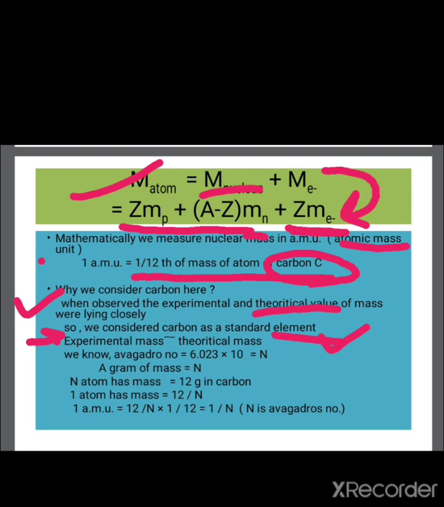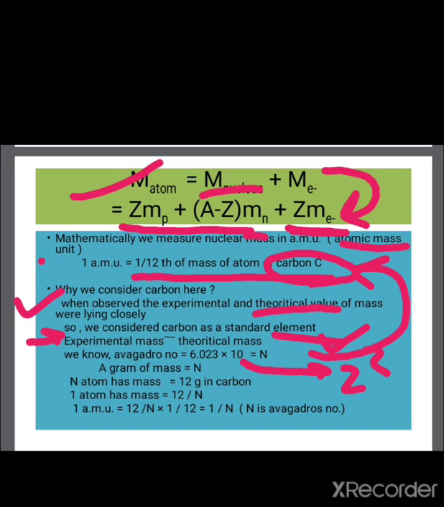So that's why we have taken carbon as a standard element. And we know that Avogadro's number is given by 6.023 into 10 raised to power 23, that is equal to N.